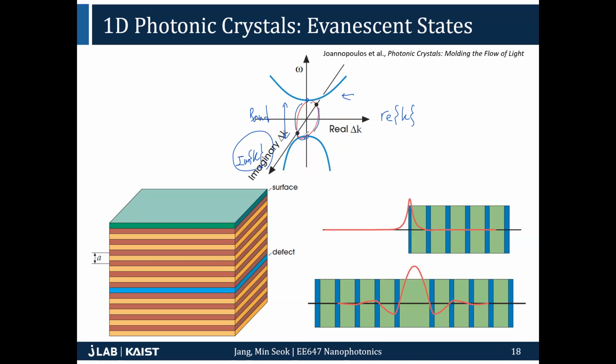So you see the red curve, it shows that in the band gap region, you have a mode, but there your k vector is imaginary.